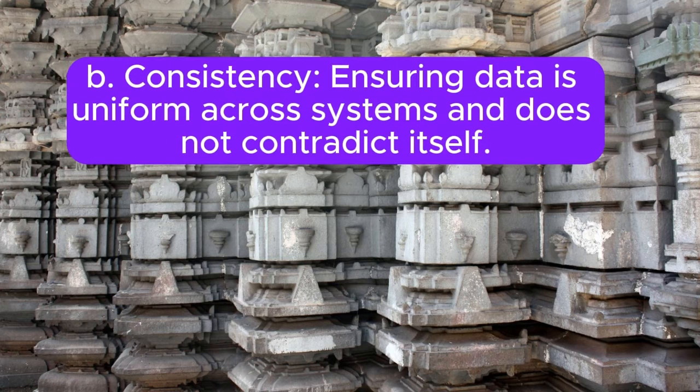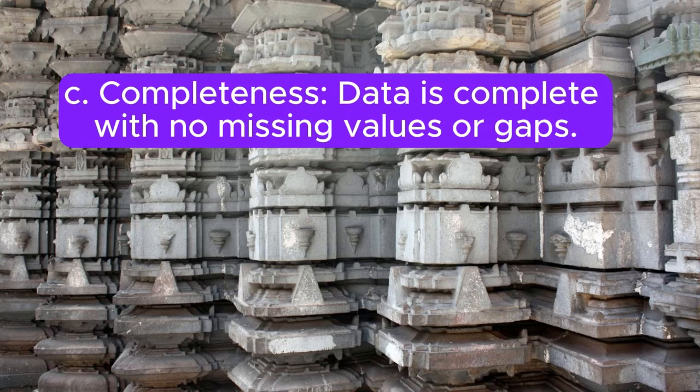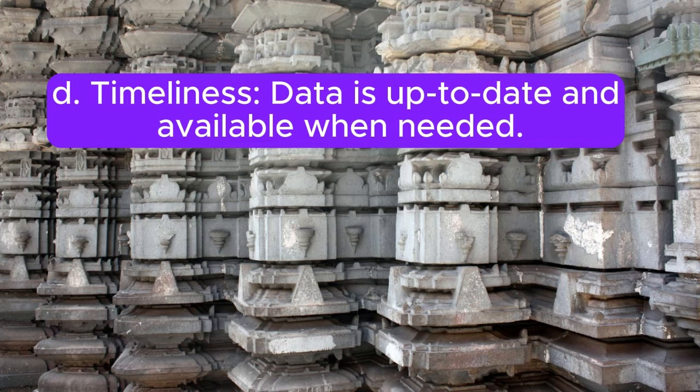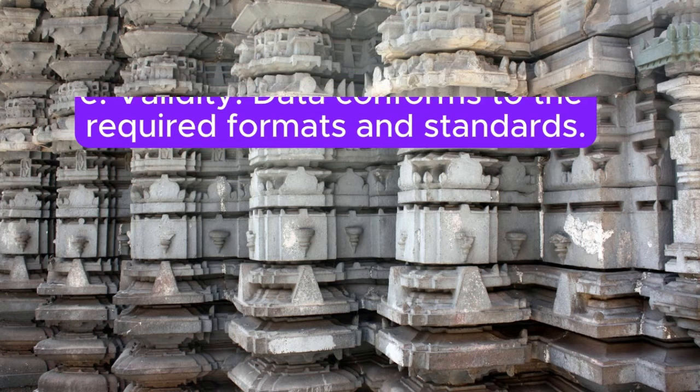B. Consistency, ensuring data is uniform across systems and does not contradict itself. C. Completeness, data is complete with no missing values or gaps. D. Timeliness, data is up to date and available when needed. E. Validity, data conforms to the required formats and standards.